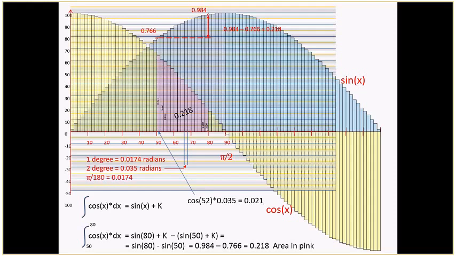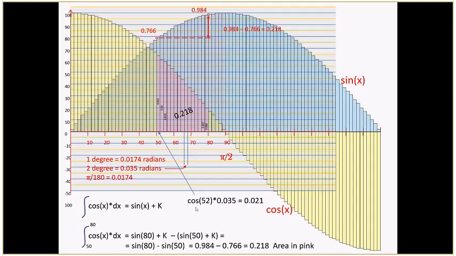And the area of the last pink sliver is 0.006. So if you take cosine of 80, which would be the right side of the height of this rectangle, multiplied by 0.035, you will get the value of 0.006. Okay, so we want to compute the area of this pink area here under the cosine, and that is the same as sine of 80 plus k minus sine of 50 plus k.